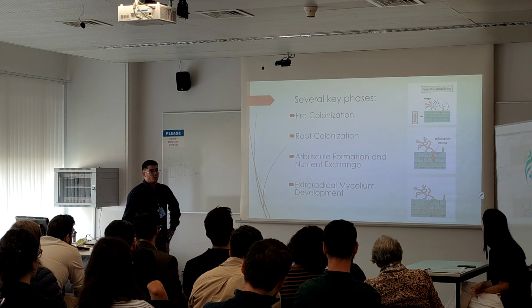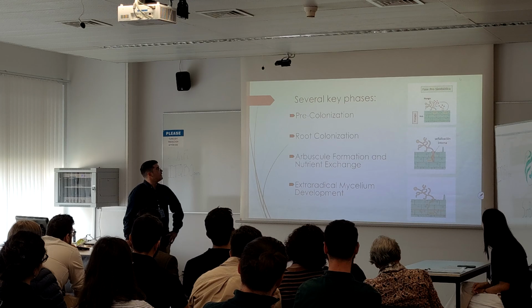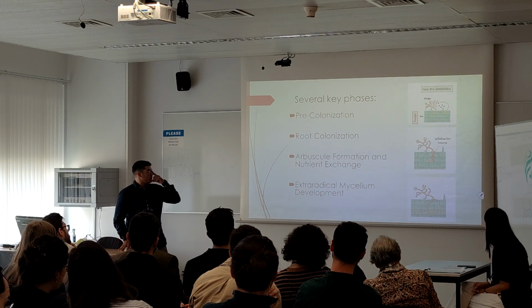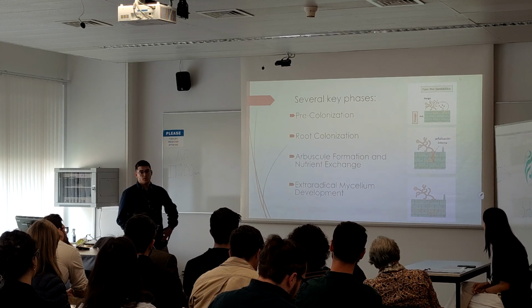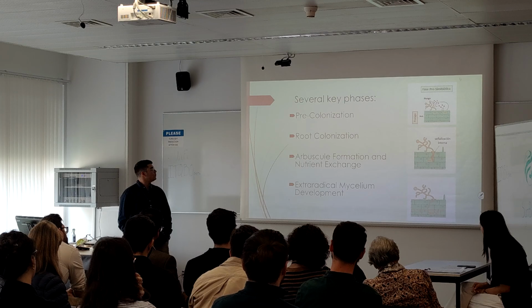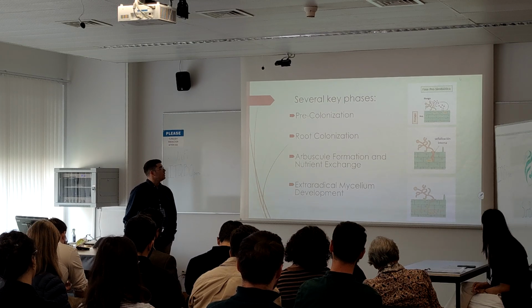In this interaction, we have several key phases. The first is pre-colonization, when the plant and the fungi don't have direct contact, but send signals to each other to recognize one another and start the process.